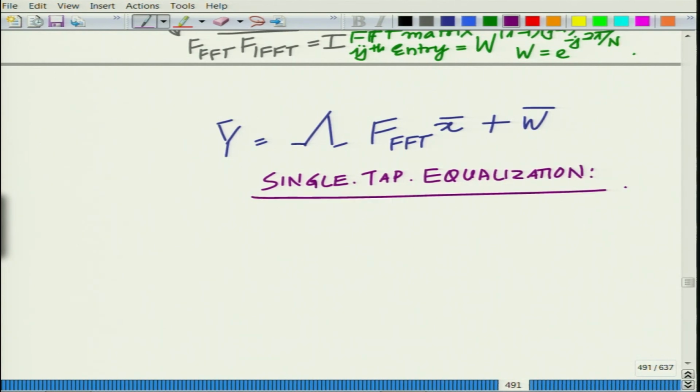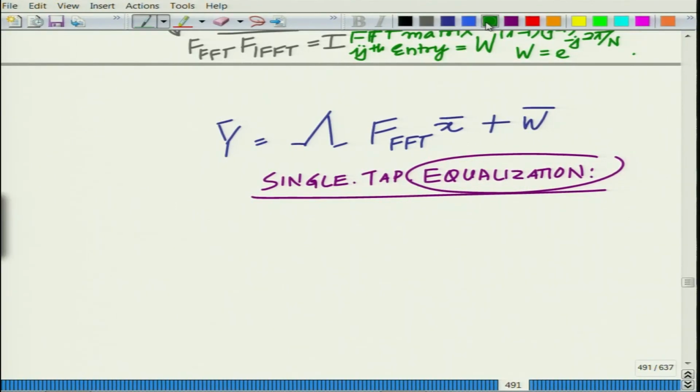So, this equalization is an interesting term. This essentially means flattening the channel response, right. That is essentially where you are equalizing the channel response, and that is why you are dividing by H_k. The channel is H_k, dividing by H_k to flatten the response, that becomes your equalization. So, the equalization in this case is simple, that is your single tap equalizer.